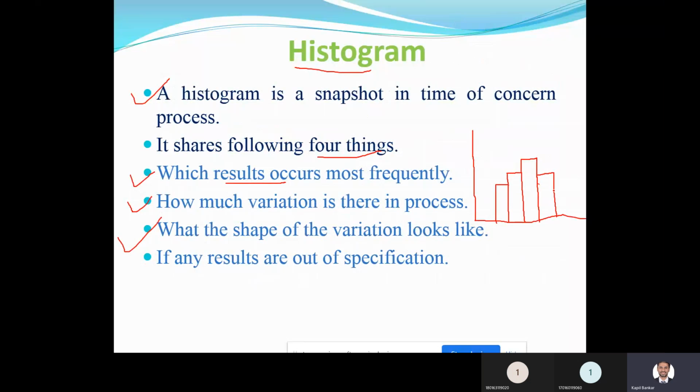Likewise, suppose this is your histogram in which some data points are there. Here, suppose this is your midpoint, your mid data. If you draw a shape, it will look like this. You will get this shape, which is called a bell curve.